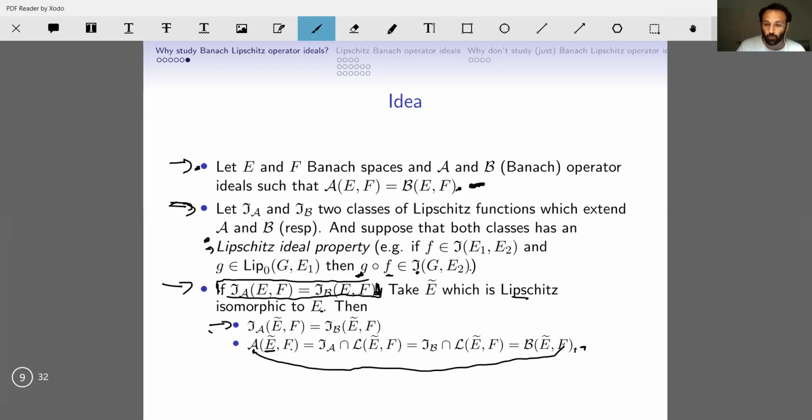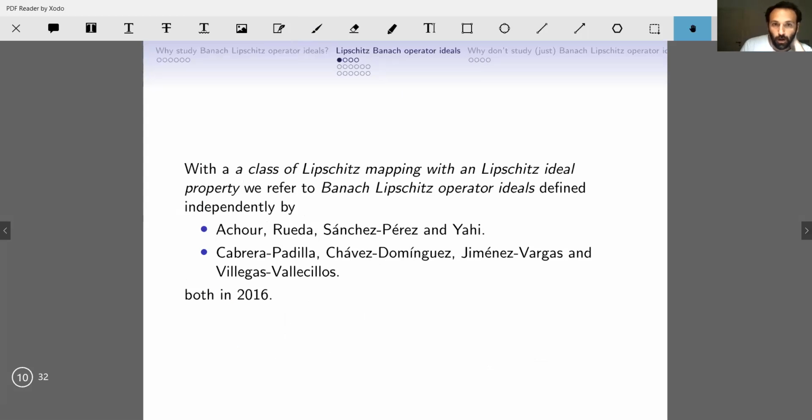Okay, so for us, what will be a class of Lipschitz mappings that satisfies a Lipschitz ideal property? Well, we will take the Banach Lipschitz operator ideal, which was defined by Achour, Rueda, Sánchez-Pérez, and Yahi, and also by Cabrera-Padilla, Chávez-Domínguez, Jiménez-Vargas, and Villegas-Vallecillo, both independently in 2016.